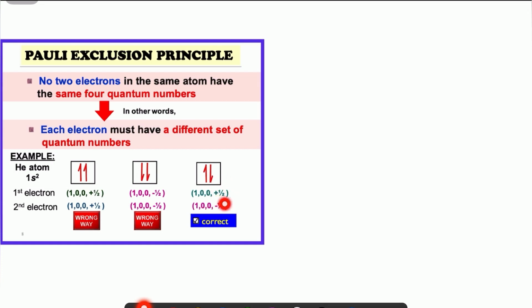Okay, one of the electrons is positive half and the other one is negative half. So both electrons in the same orbital have a different set of quantum numbers. So this one is correct, because it obeys the Pauli exclusion principle.